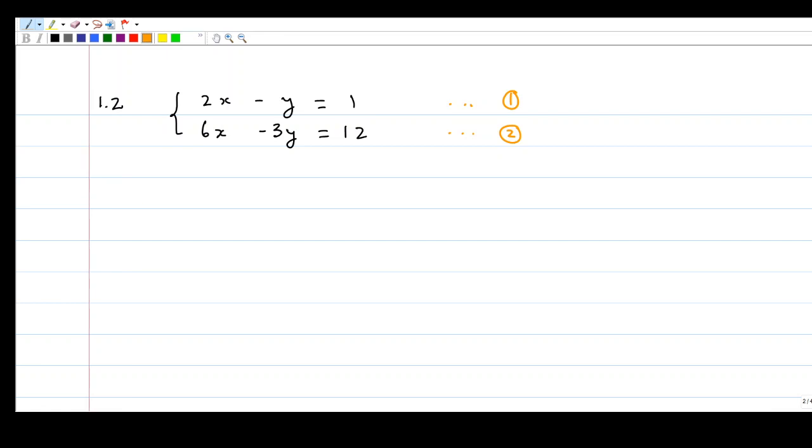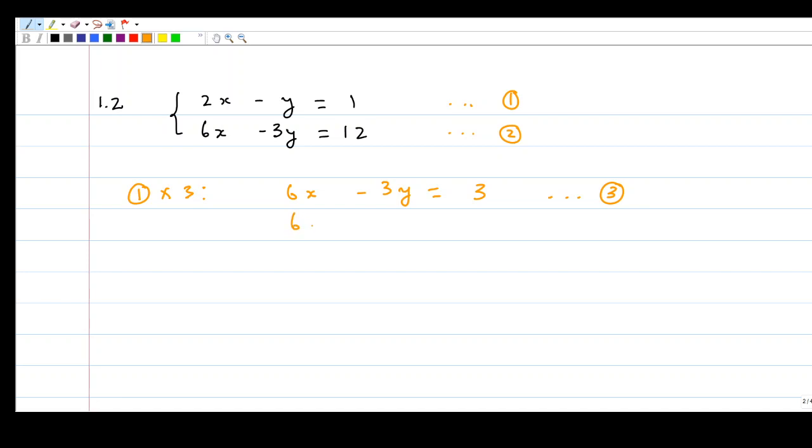If I try to eliminate x or y, I need to multiply by 3. Suppose you want to eliminate x. So that gives me 6x minus 3y is equal to 3. This is equation 3.